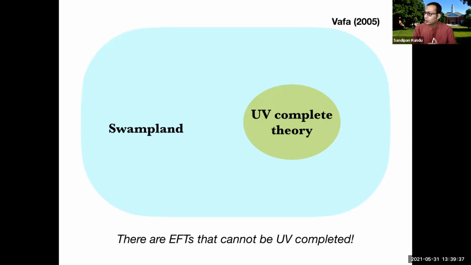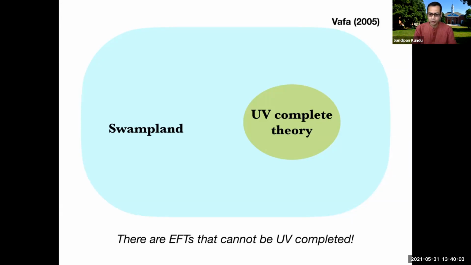And actually, there are two completely different approaches one can take to understand this idea. First of all, one can start from some UV complete theory and look at what kind of effective field theories one can generate from that UV complete theory. But any such construction will depend on the exact UV complete theory that you start with.